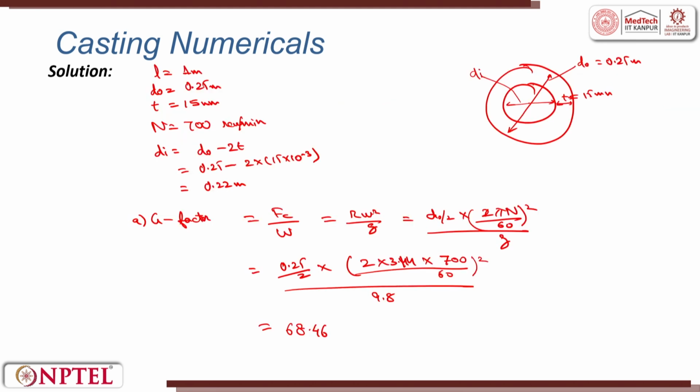The value of the G factor is 68.46. So I will put it as point B: 60 is less than 68.46 is less than 120, it lies in the optimum range.